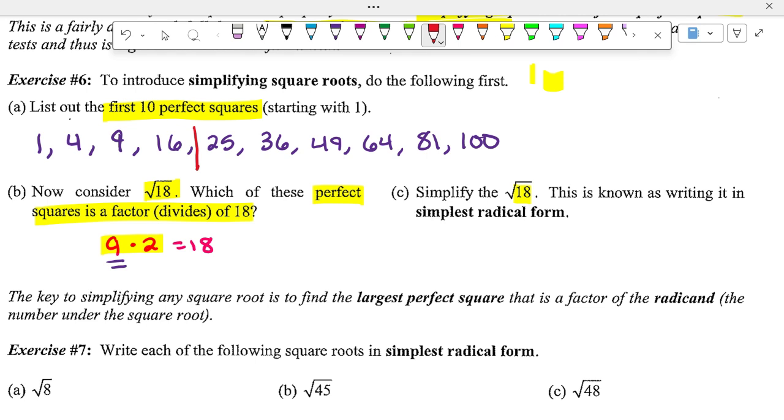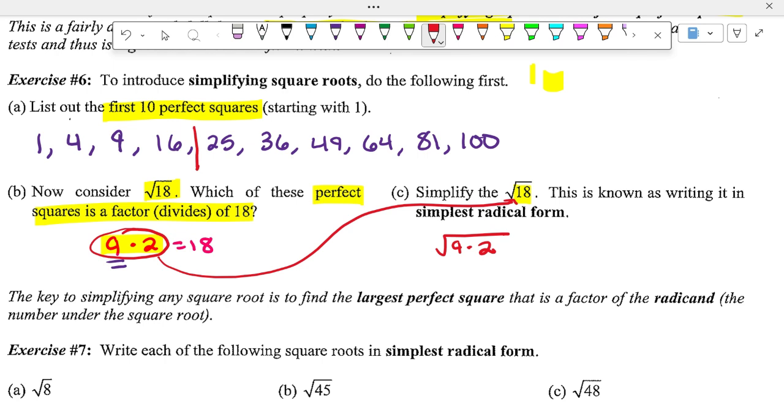Once you figure that out, we're going to take this 9 times 2 and replace it into the square root of 18. So we're going to rewrite this as the square root of 9 times 2. Now, what is true about what you see right here?